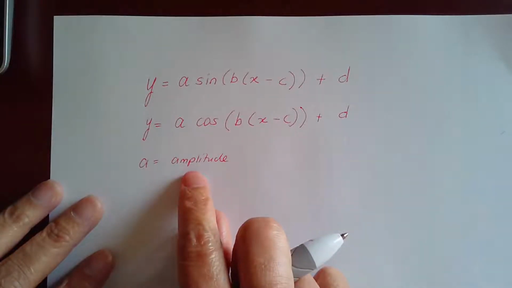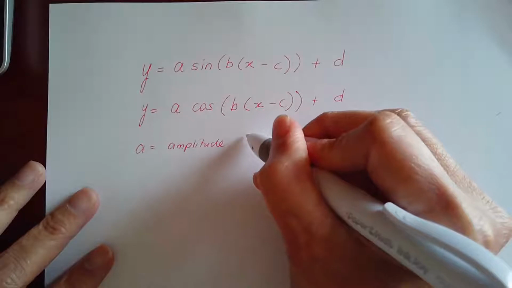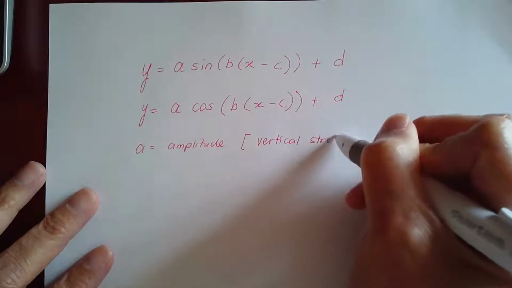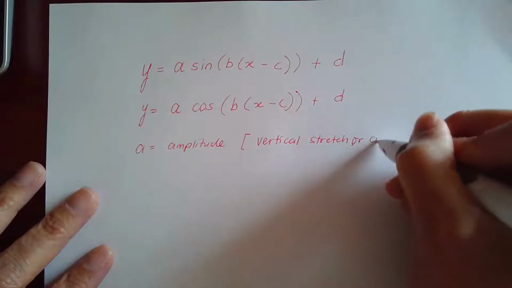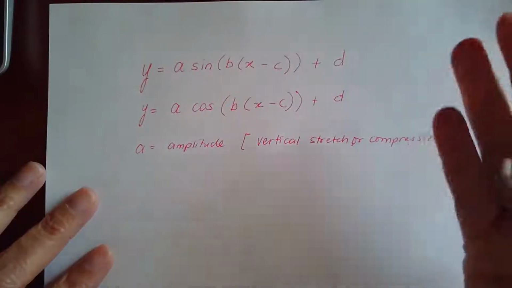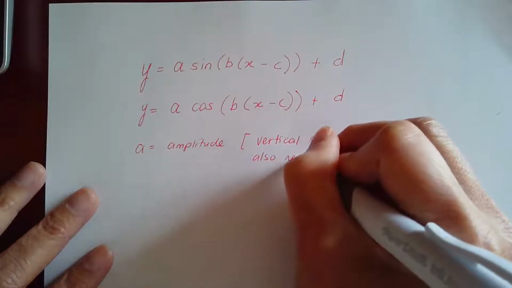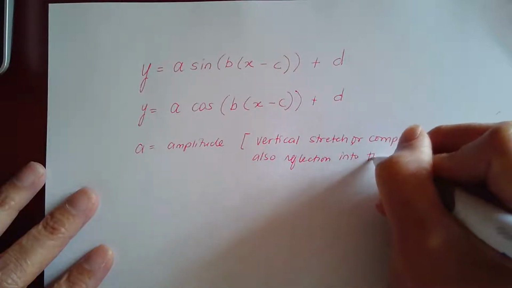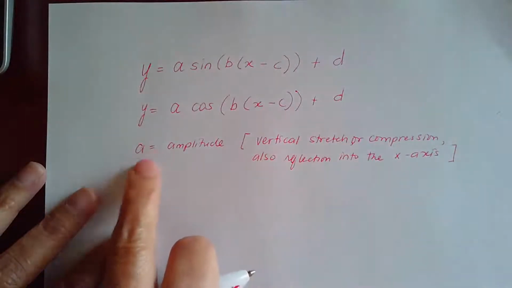When we look at the transformation point of view, amplitude is a vertical stretch or compression, and A will also tell us if it's a reflection in the x-axis. Okay, so that's what the A will represent.